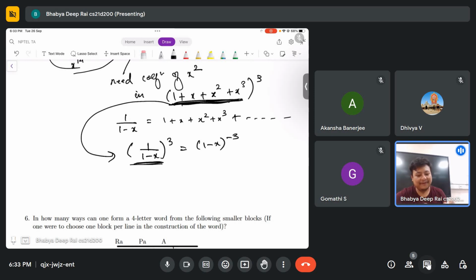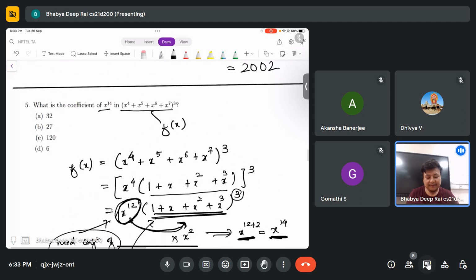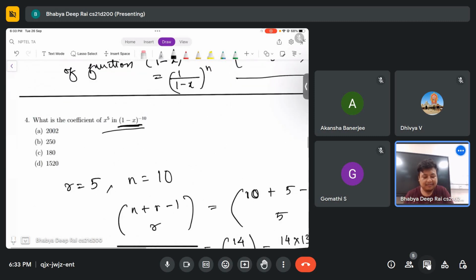Okay, so we've now reduced the problem to be as follows: coefficient of x square in 1 minus x whole to the minus 3. So it is similar to this question now.